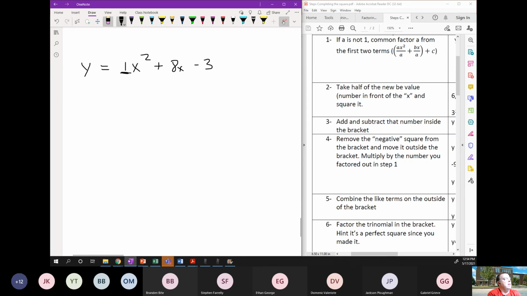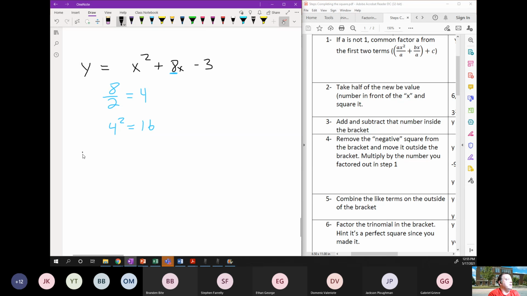Then our next step, we go to b here, which I need to rewrite. We're going to take our b value and divide it by 2. So 8 divided by 2 equals 4. And then we're going to square it. 4 squared equals 16.